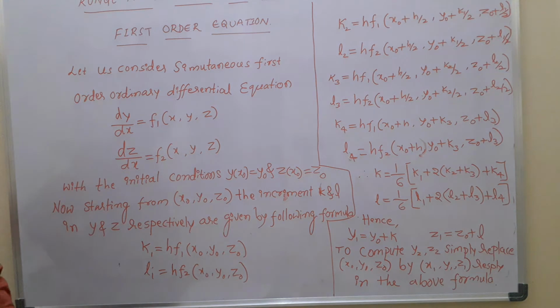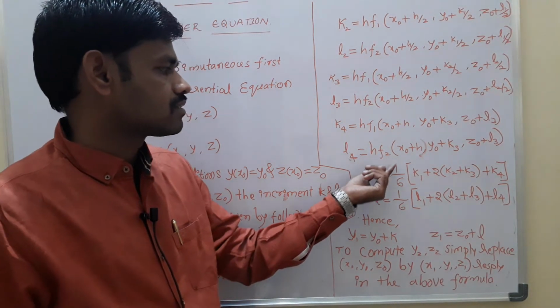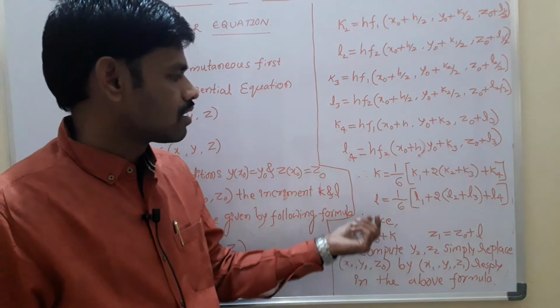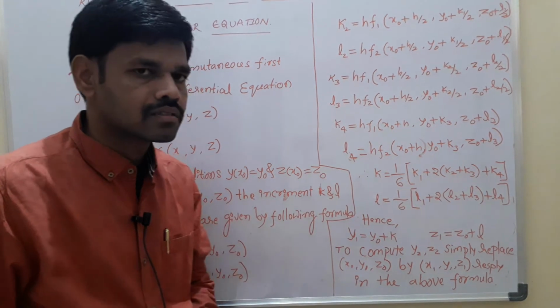And by knowing k1, k2, k3, k4 we get the final answer k, that is 1 by 6 k1 plus 2 into k2 plus k3 plus k4 and L equal to 1 by 6 L1 plus 2 into L2 plus L3 plus L4.